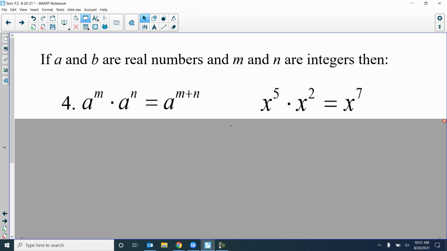You still have to use rules 1 through 3 with this one. What I mean by that is if you have x to the negative fifth times x to the seventh, it doesn't matter if they're negative or positive, you're going to add them together. So negative 5 plus 7 is x squared. If I get x to the negative eighth times x to the fourth, that's x to the negative fourth. You have to write that as 1 over x to the fourth. You still always have to write everything as a positive.